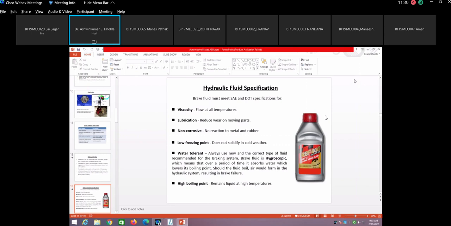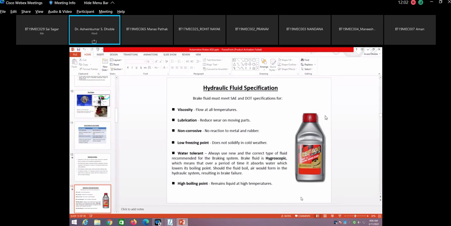Then lubrication: it should not have the viscosity too low and it should not have the viscosity too high, because in both cases there is going to be some kind of lag or power loss, or some extra pressure put onto the system. Then non-corrosive, this one can understand. Low freezing we have discussed earlier. Then water tolerant, this is the critical issue.